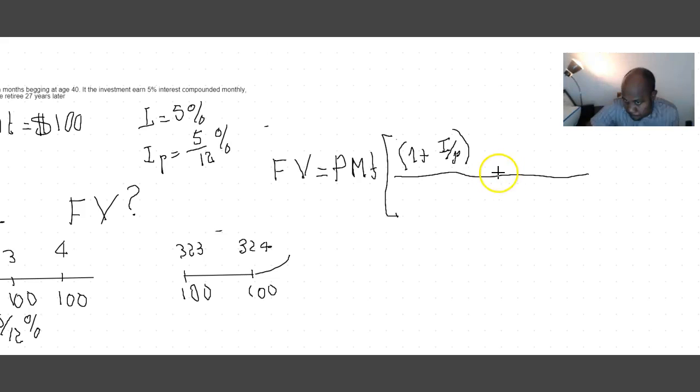And then the time, which is 27 years, times the period, which is 12.